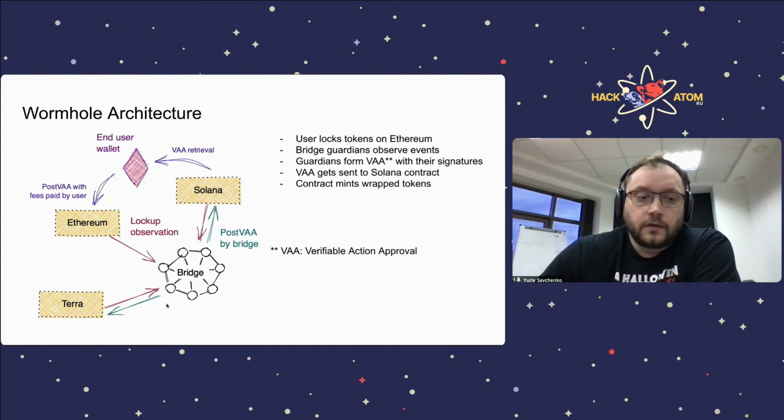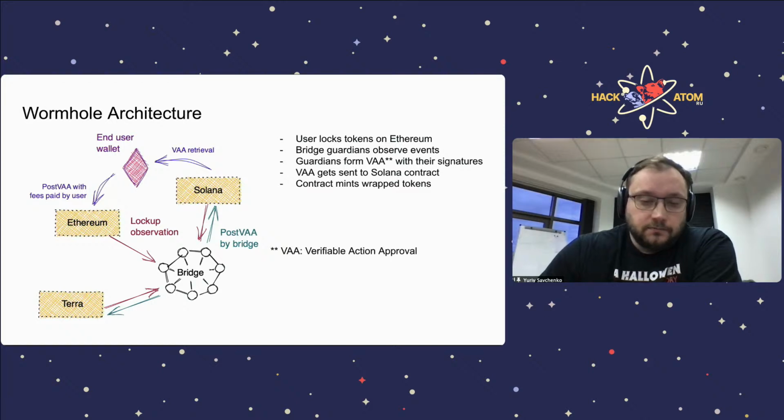They form their own consensus off-chain. They monitor transfers on one blockchain, they see locked assets, and they reach consensus, and then the VAA gets sent to the Solana contract.